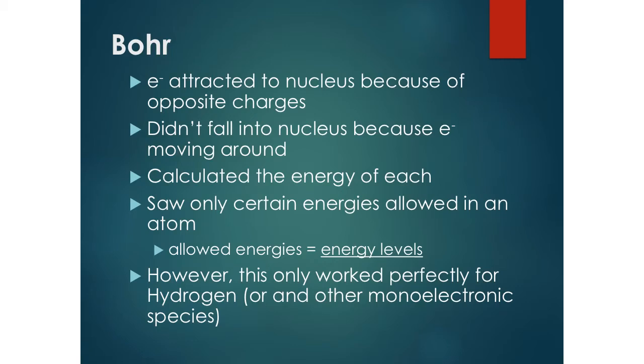Our electrons are attracted to the nucleus because electrons are negative and the nucleus is positive because of the protons. So you have your Coulomb forces there. The more protons there are in the nucleus, the greater the nuclear charge, so the more attraction there can be with the electrons.